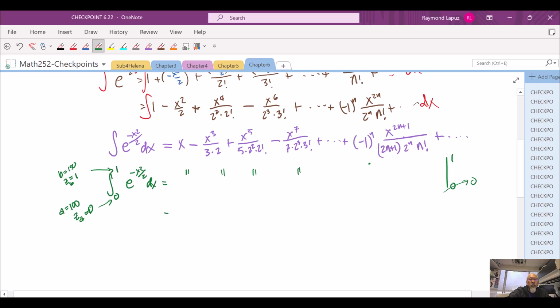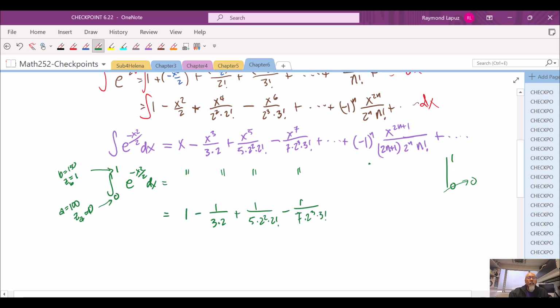So let's just put the 1 in there. So this is 1 minus 1 over 3 times 2, plus 1 over 5 times 2 squared times 2 factorial, minus 1 to the 7th power, which is 1, over 7 times 2 to the 3rd times 3 factorial.